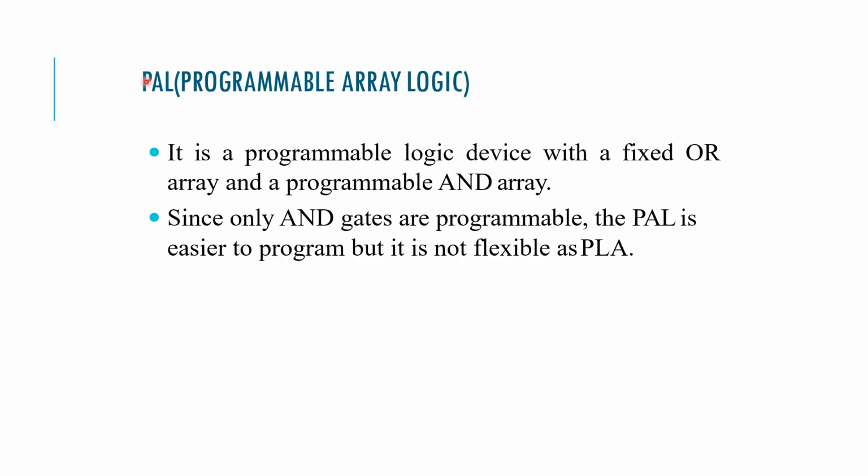Now coming to PAL. PAL stands for Programmable Array Logic. It is a programmable logic device with a fixed OR array and a programmable AND array. Since only the AND gates are programmable, the PAL is easier to program, but it is not as flexible as PLA.